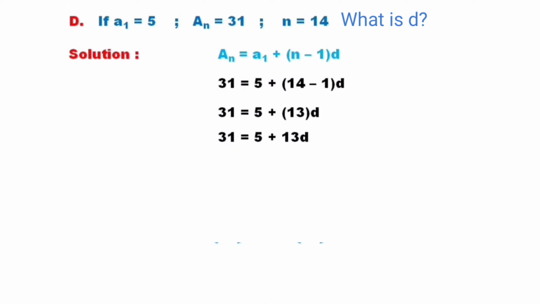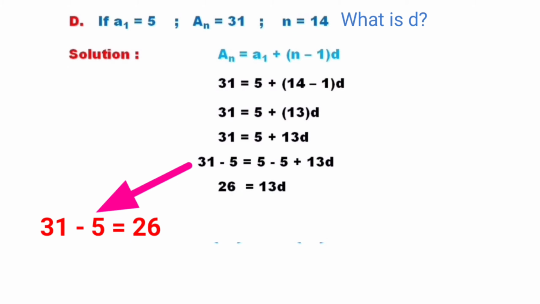Next, we have 31 equal 5 plus 13D. Subtract both sides by 5. So, 31 minus 5 equal 5 minus 5 plus 13D. So, the result is 26 equal 13D.